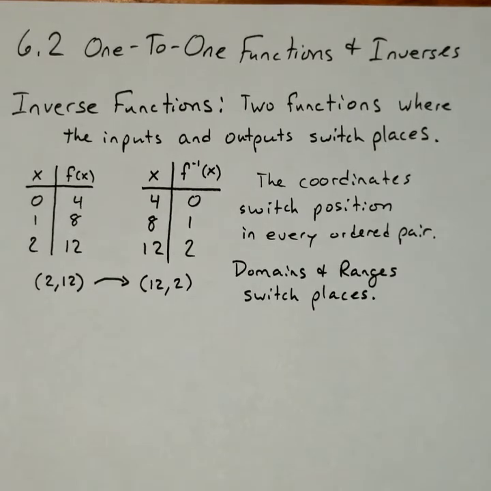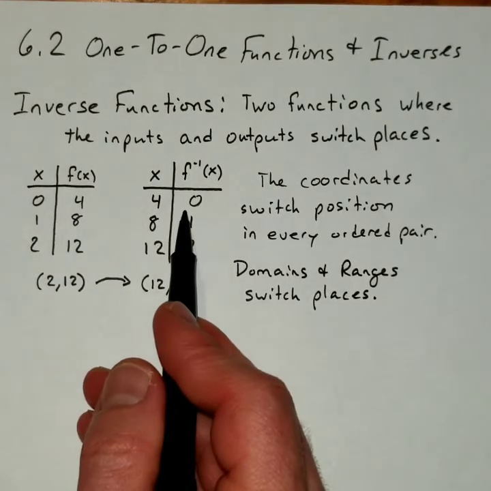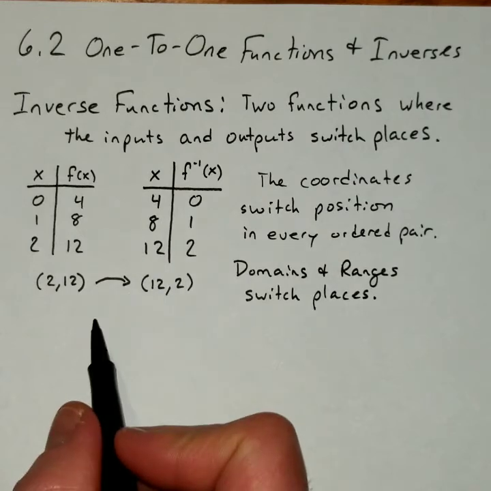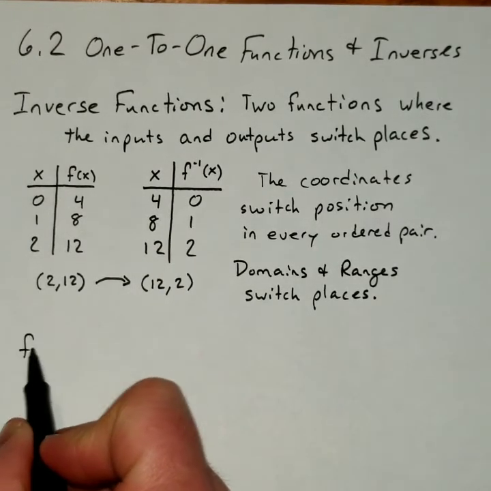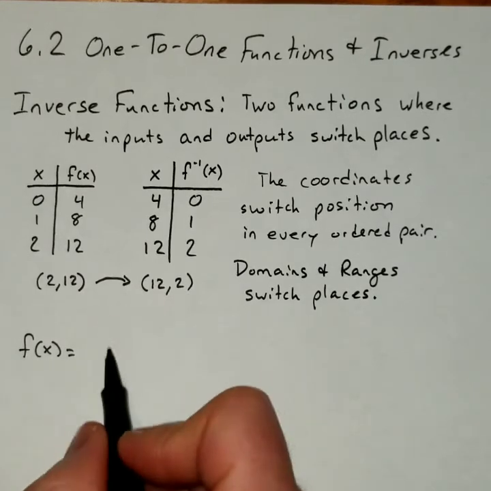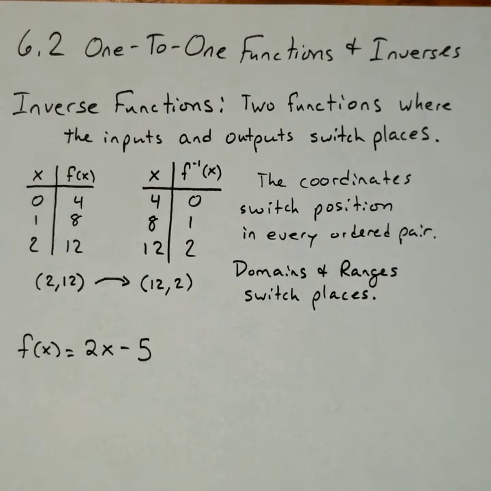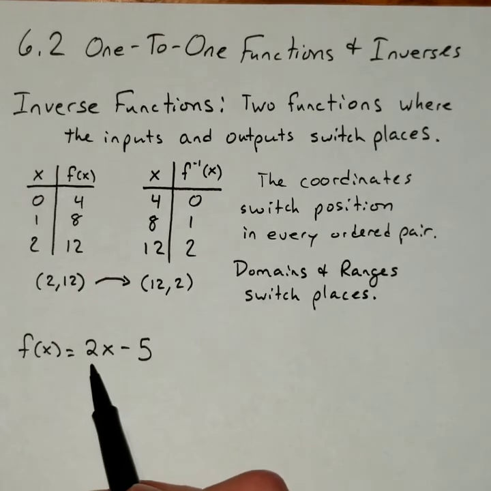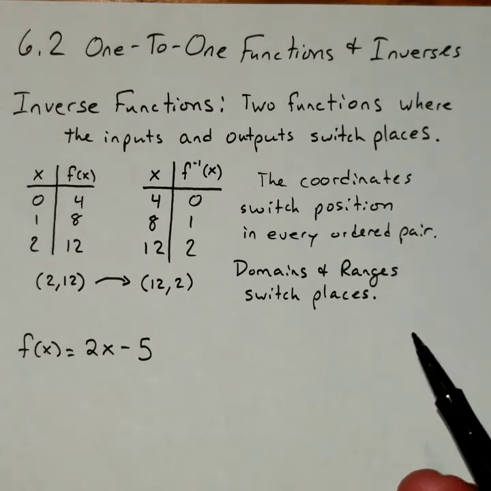Now, if I give you a function, so these are easy. If you just have the points, you just interchange the numbers, the coordinates. But if you had a function in equation form, like f of x equals 2x minus 5, then in order to find the inverse, like if I don't know what the f inverse is, I would need to switch the inputs and the outputs.